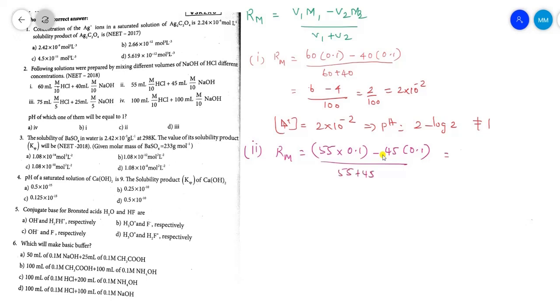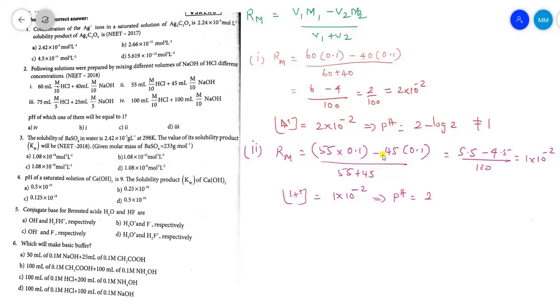This is equal to 5.5 minus 4.5 divided by 100. This is equal to 1 by 100, 1 into 10 to the power of minus 2. H plus ion concentration is equal to 1 into 10 to the power of minus 2. Therefore, pH is equal to 2.